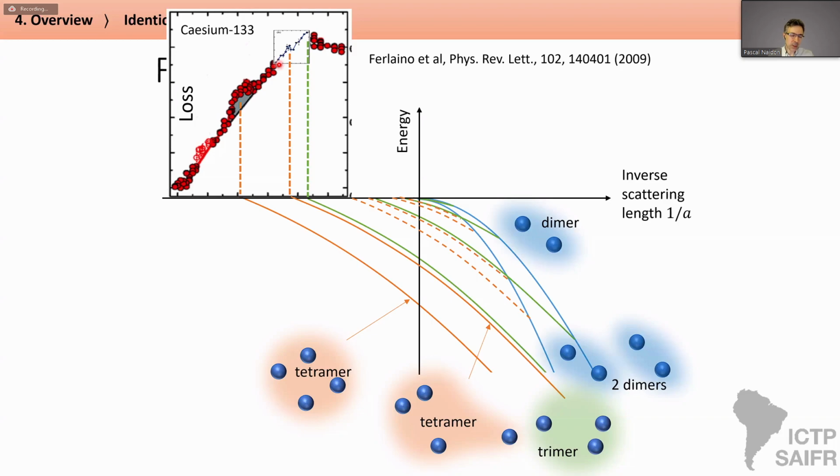As you can imagine, 4-body recombination is much less likely than 3-body, especially in these systems where the density is quite low by construction to avoid losses in the first place. But the experiments were able to actually see some small peaks.